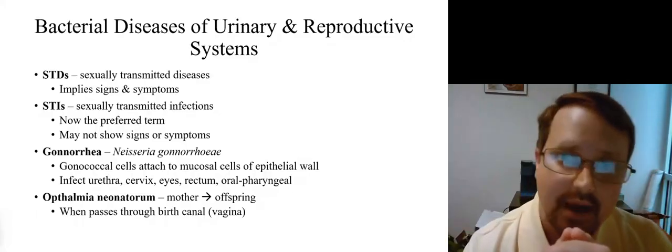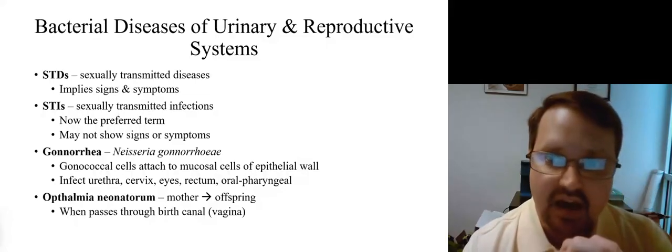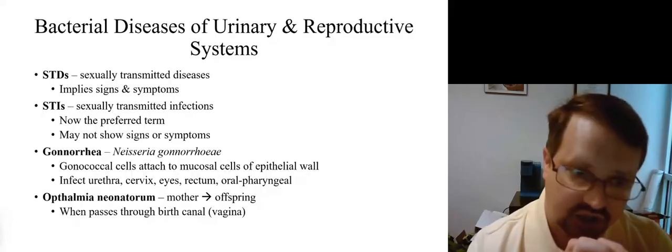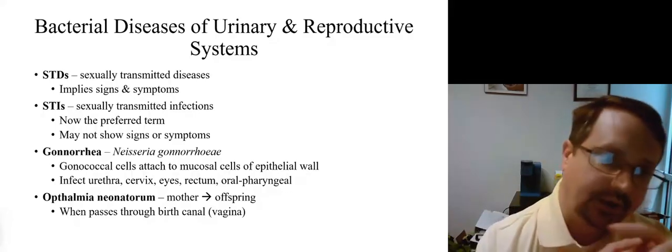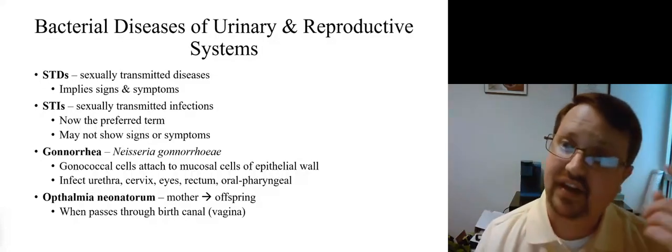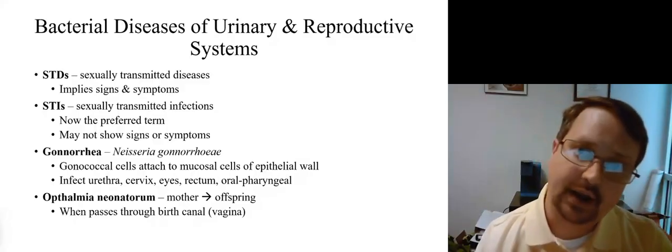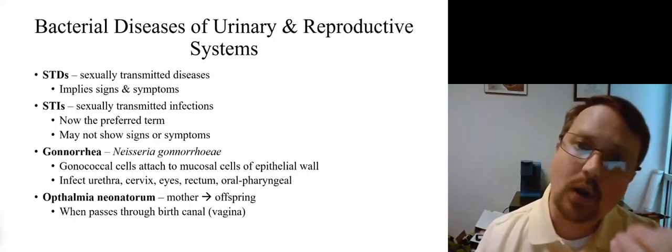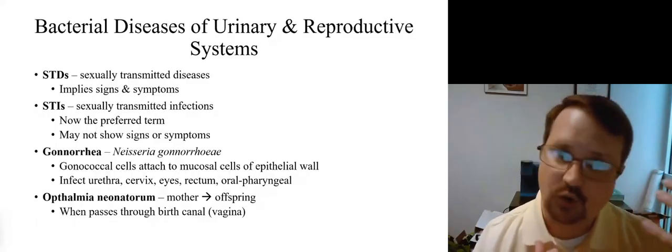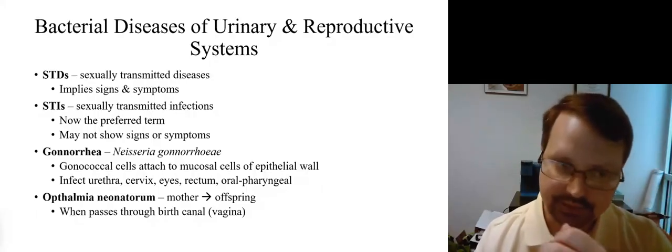Maybe, or maybe it was because an old name for the vagina of a prostitute was called a clapper. We're not sure, but we called it the clap. It can affect the cervix, the eyes, the rectum, and the oropharyngeal area. Basically anywhere that, as gross as it sounds, seminal fluids may come in contact carrying the gonorrhea.